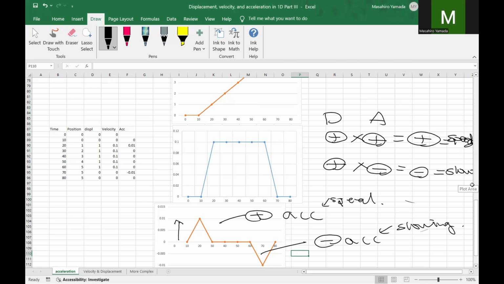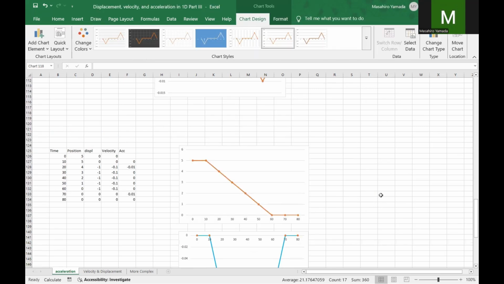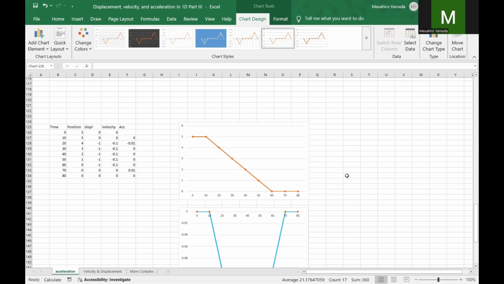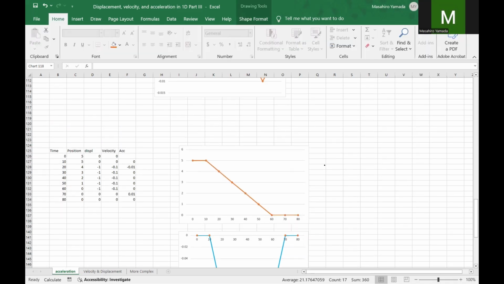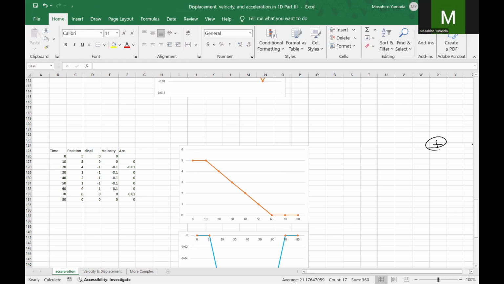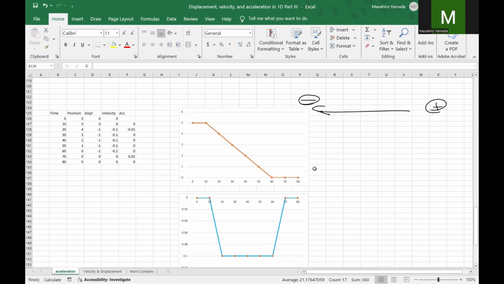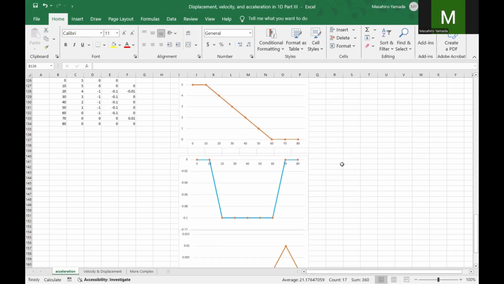Okay, so what would be a different situation? Let's study the situation where you change the displacement to the negative direction. You're going from the positive direction to a negative direction. Because you change the position in the negative direction, when you see the velocity curve, you see the exact opposite.